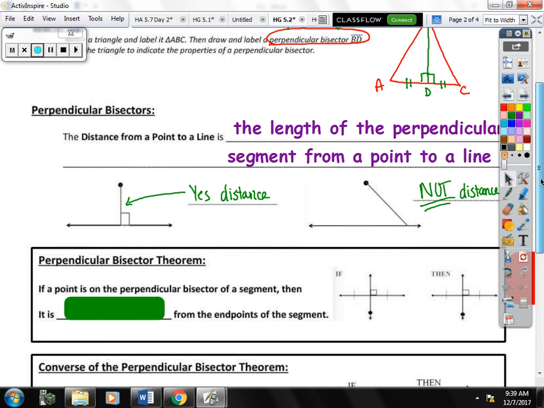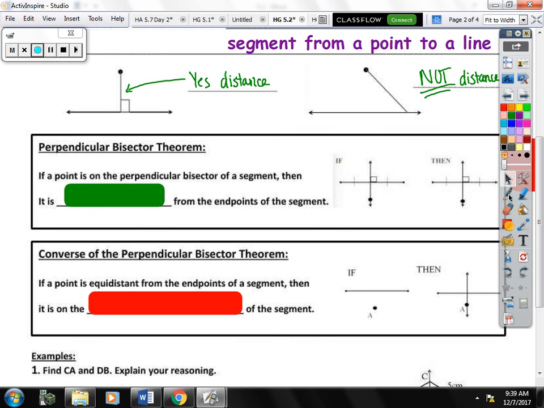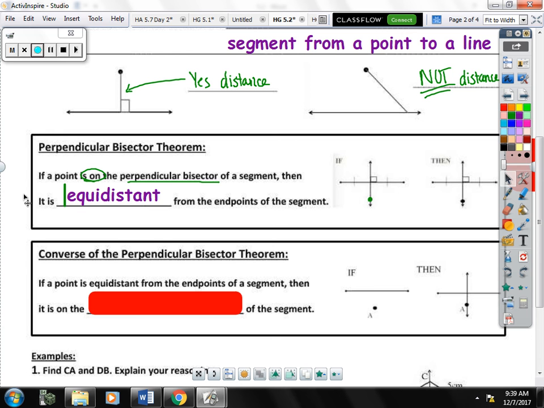Two theorems here on the front. The first one is the perpendicular bisector theorem. It says if a point is on the perpendicular bisector of a segment, then it is equidistant from the endpoints.